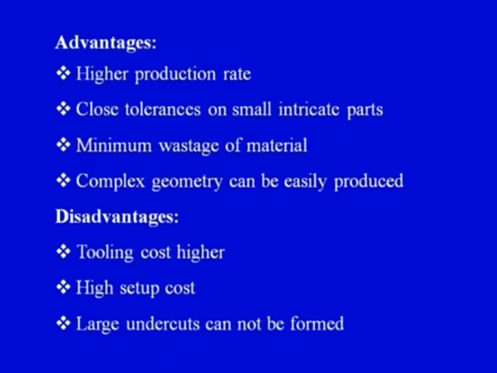Another important advantage is that close tolerances on small intricate parts can be achieved. What does this mean? There are two important points in this highlight: close tolerances can be achieved, and small intricate parts can also be processed. Why? Because we are injecting the raw material, that is plastic in this case, at high pressure.